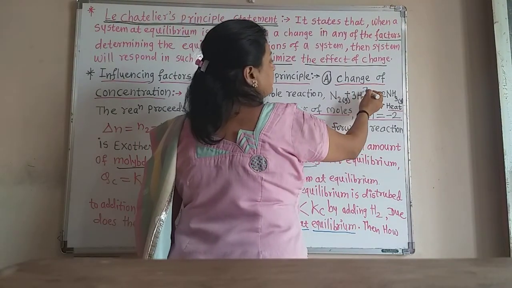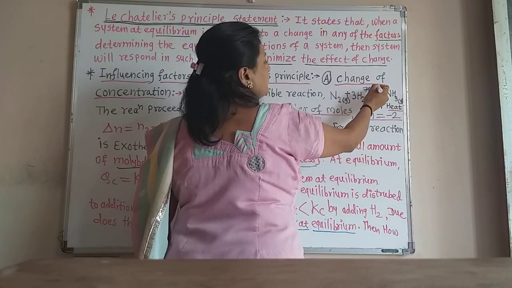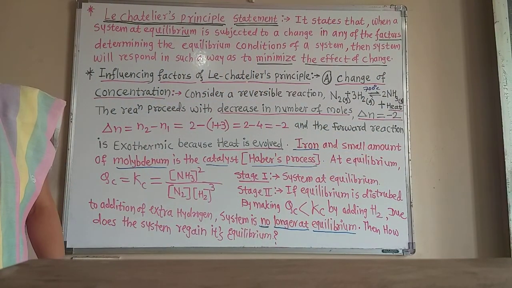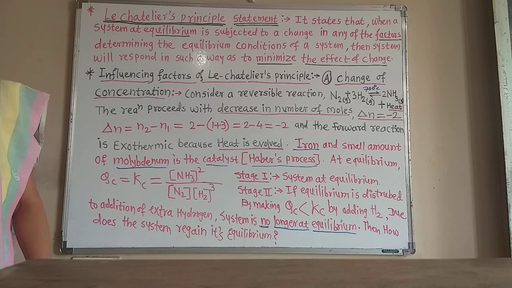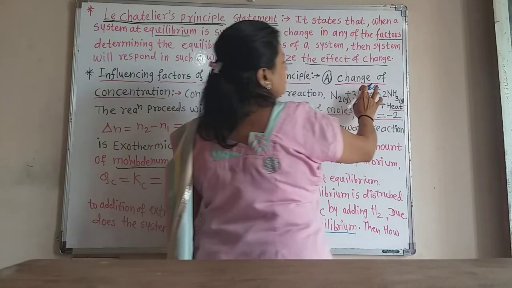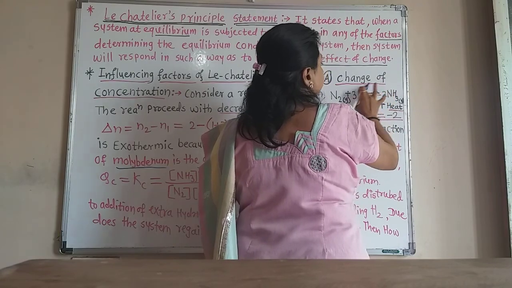Since the reaction is exothermic, the optimum temperature will be less than 700 or thereabouts.